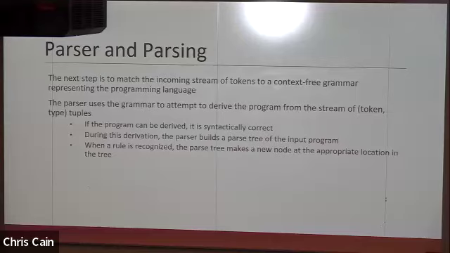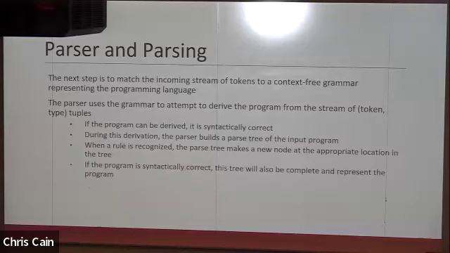When we map to a particular rule, then we make a new node in the parse tree as we construct that parse tree from the process of recognizing grammar productions. If the program is syntactically correct, the tree is also complete, representing the program, of course. We then send it on to the next step.